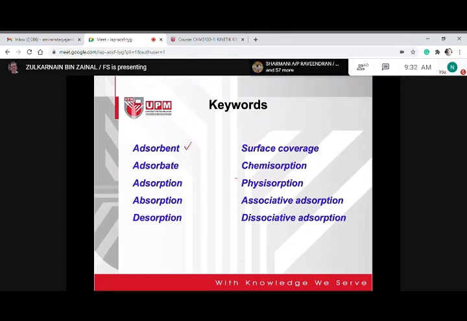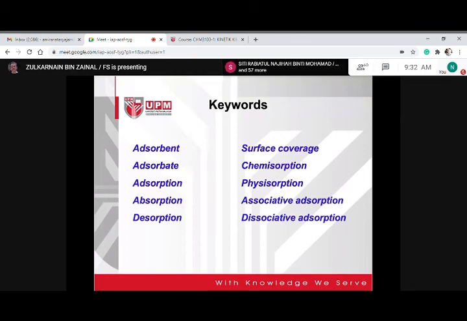What is adsorbent? What is adsorbate? What is adsorption? And also desorption, there's another thing that I have not yet told you. Desorption.